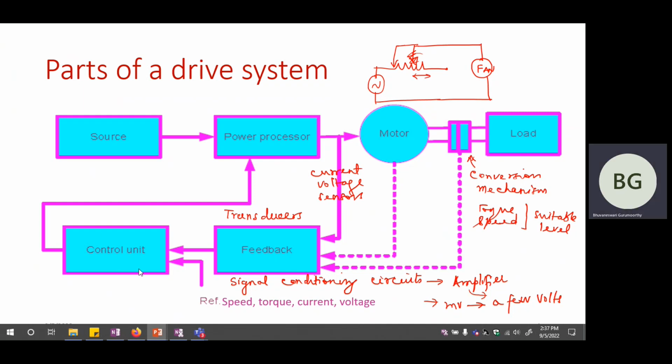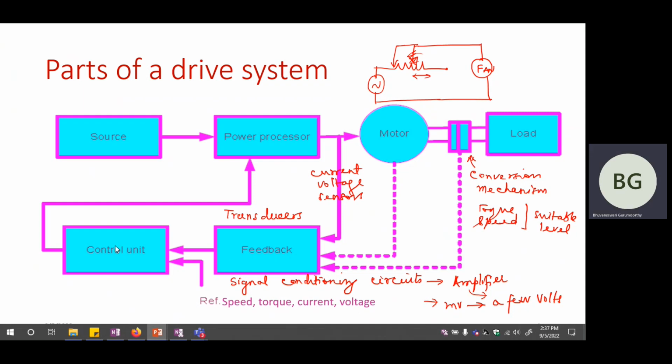Now, the control unit essentially gets the difference between the reference speed and the actual speed from the feedback mechanism, or the reference torque and the actual torque, or it will calculate the difference between the reference current and the actual current, or the reference voltage and the actual voltage.